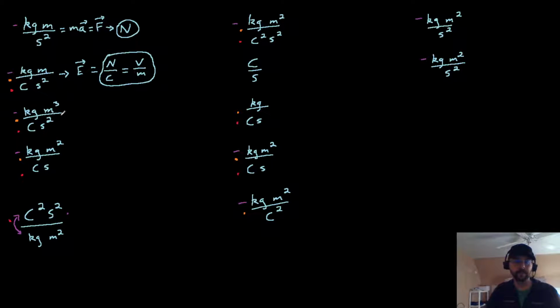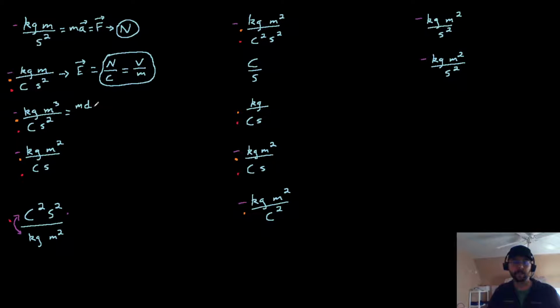The next one, you see mass times distance cubed divided by charge times time squared. Well, let's tweak this a little bit so that we have mass times distance, and then we're left with distance squared.